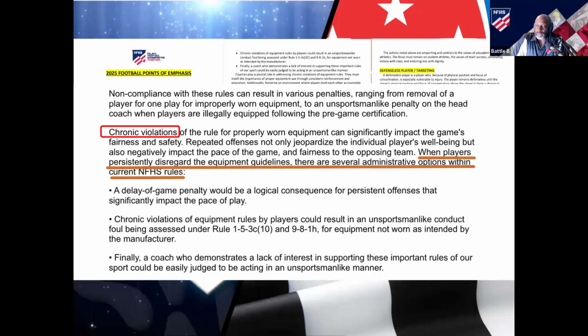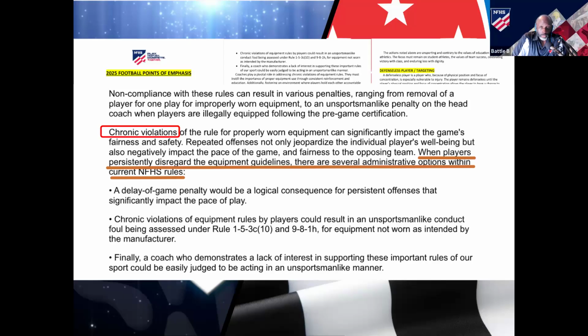Repeated offenses not only affect individual players' well-being, but also negatively impact the pace of the game and the fairness to the opposing team. When players persistently disregard the equipment guidelines, there are several administrative options within the current NFHS rules.